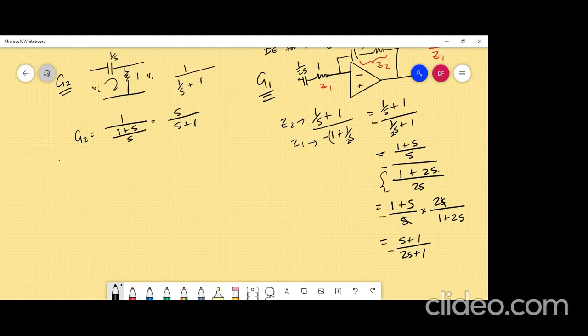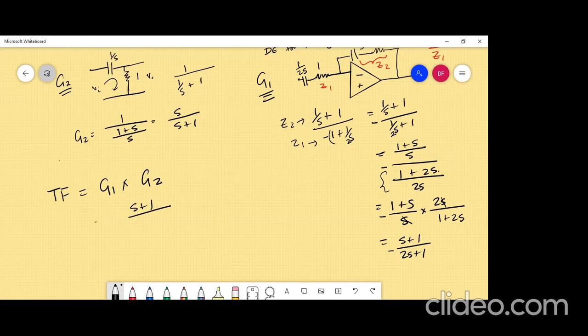All right, so the TF is G1 times G2, which is equal to G1 is minus S plus 1 over, minus, this thing here giving me a lot of problems.